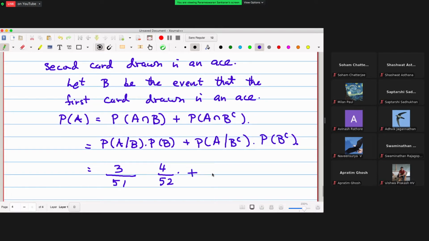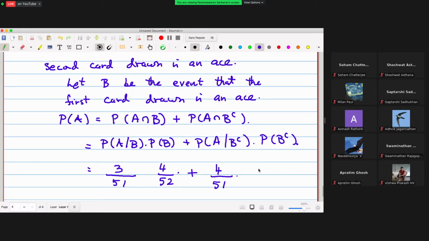Plus, given that the first card is not an ace, there are 4 aces possible out of 51 cards. So 4 by 51 is the probability.